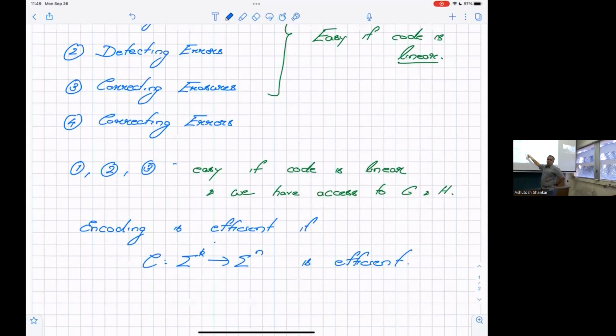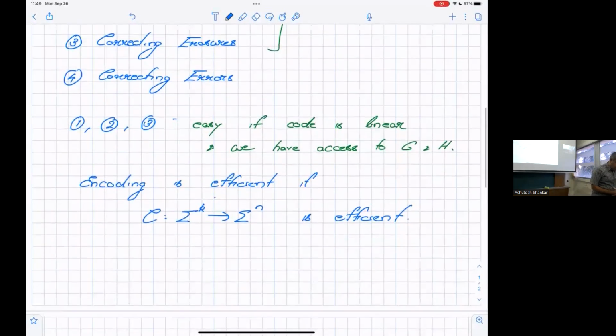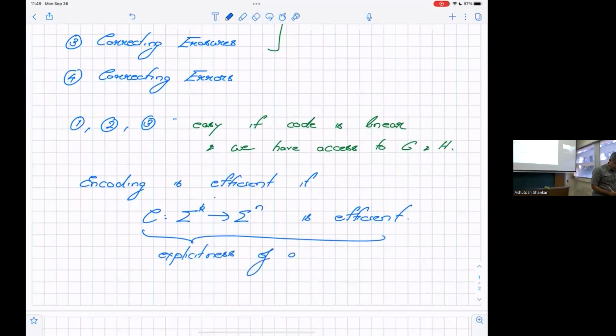So I'll say a code is explicit if this holds. This is going to be my definition of explicitness of a code.